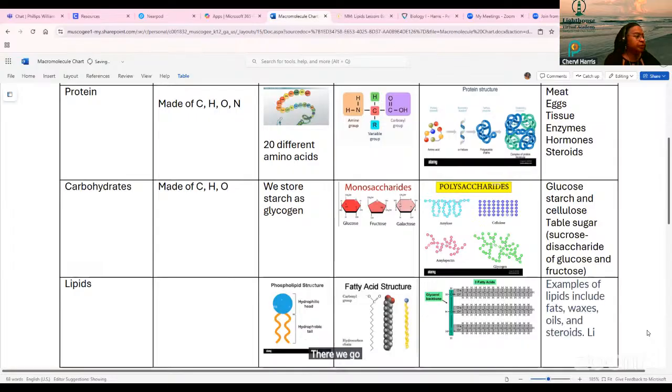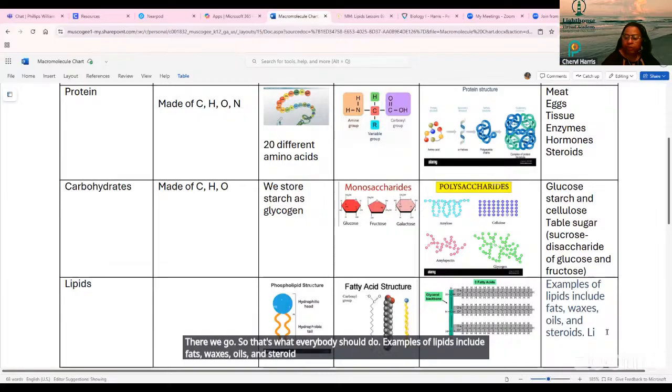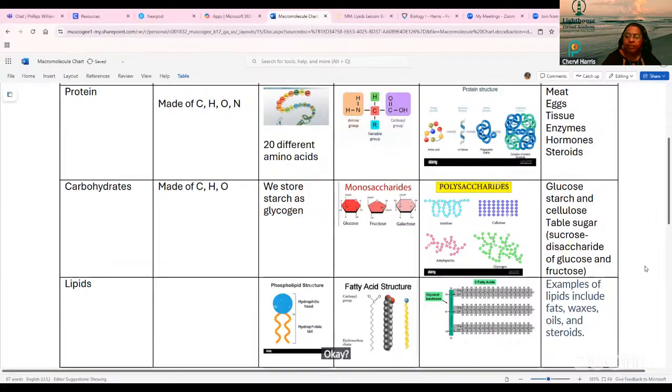There we go. So that's what everybody should do. Examples of lipids include fats, waxes, oils, and steroids.